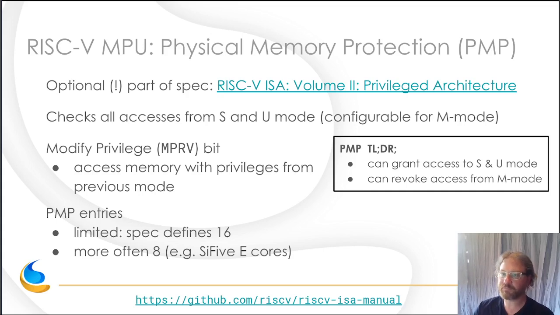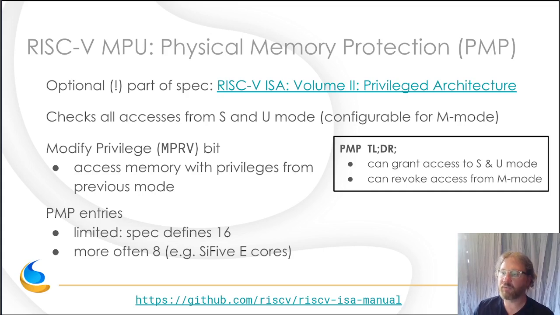The goal of the PMP is to validate and check all the accesses from supervisor and user mode to make sure that they're actually allowed. The accesses from machine mode, the high privilege mode, are actually configurable, so in RISC-V you can validate accesses from M mode as well if you like.